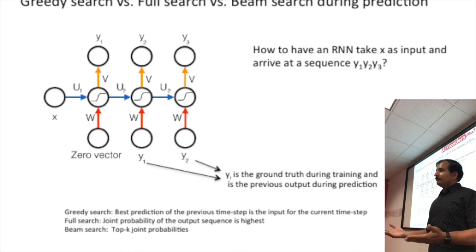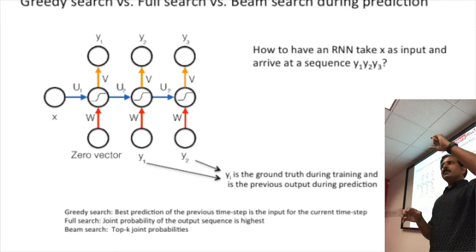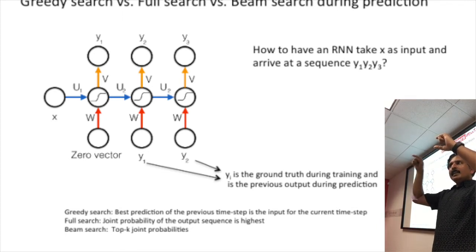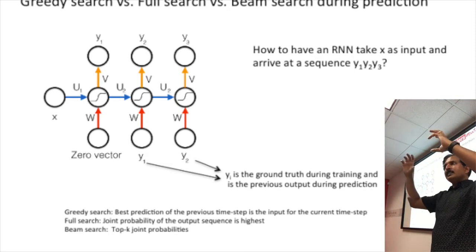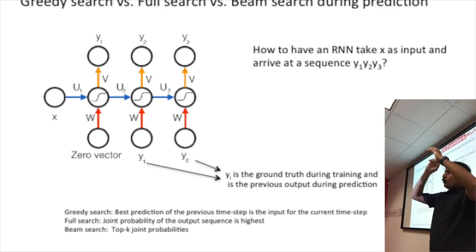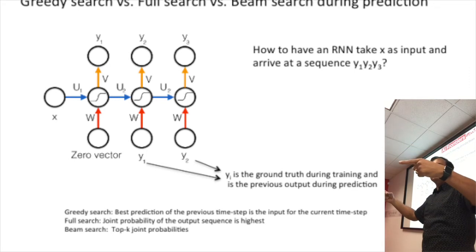So researchers, what they're doing is, once they predict the first word, they won't just ignore the first and just go to the second word. They say, after you make the prediction of the second word, can I still check whether the y1 and y2 as a sequence still has a high probability? And then if you go to the third word, so y1, y2, y3 as a joint probability still has to be high.